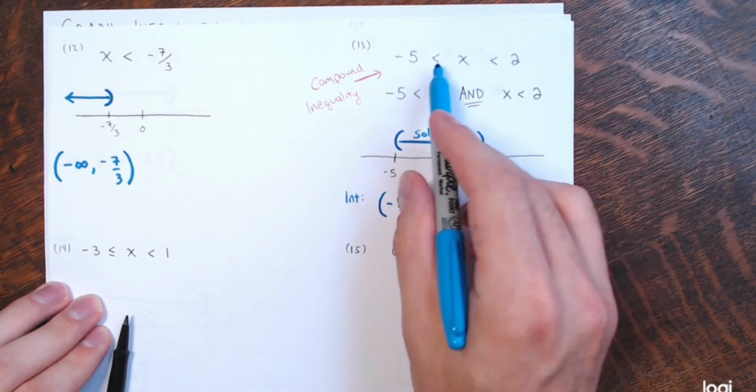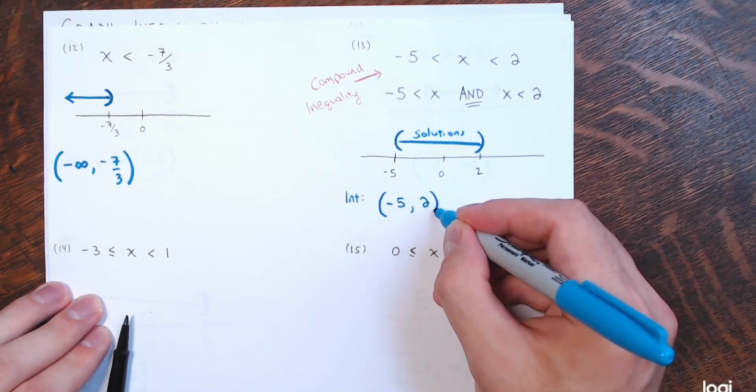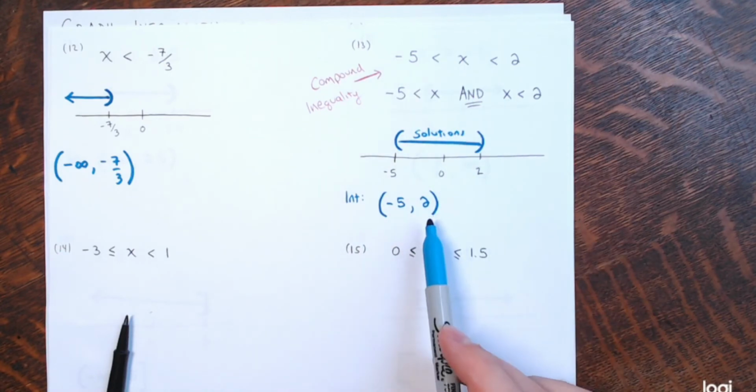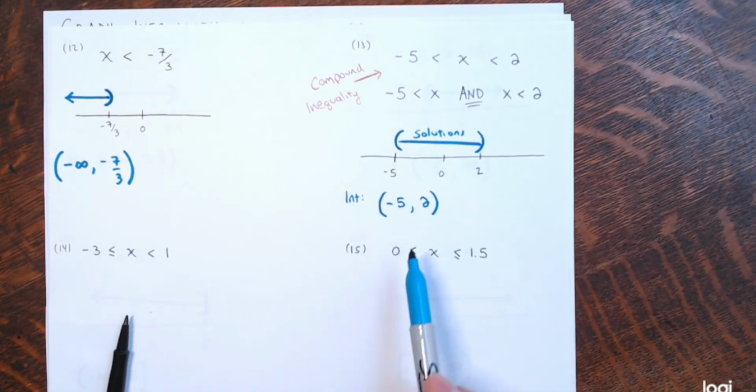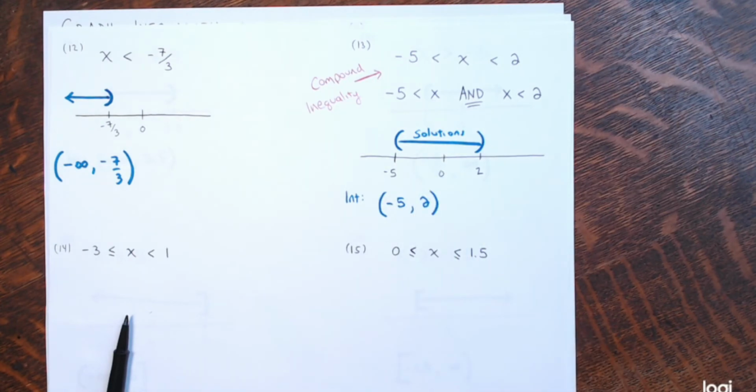It doesn't satisfy both inequalities, so parenthesis. And 2 is not a solution, because it doesn't satisfy both inequalities at the same time, just one of them. So parentheses on that. And there's the interval notation for this picture of solutions to this compound inequality.